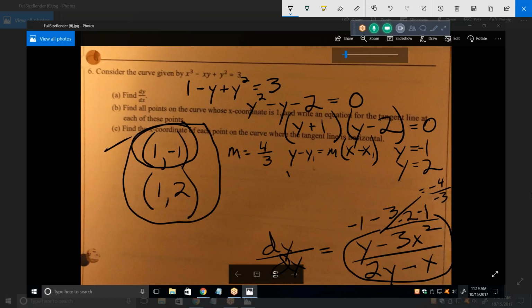So our y point is minus 1, which turns that into that. Our slope is 4/3, and our x point is positive 1. There's the equation of the first tangent line that goes through this point 1 comma minus 1.